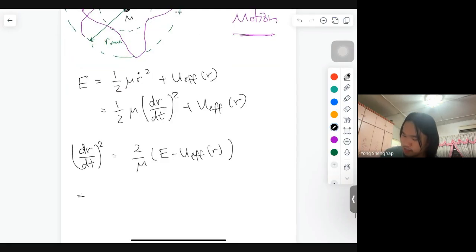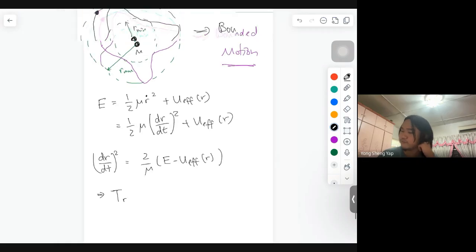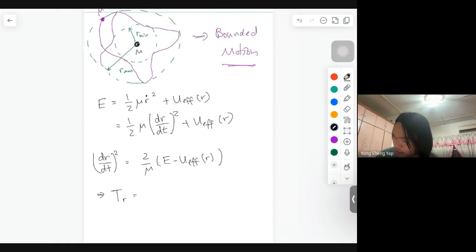And we get that the time, the period for the reduced mass going from r max to r min, must be equal to the integral of dr divided by the square root of 2 over mu times E minus U effective of r.